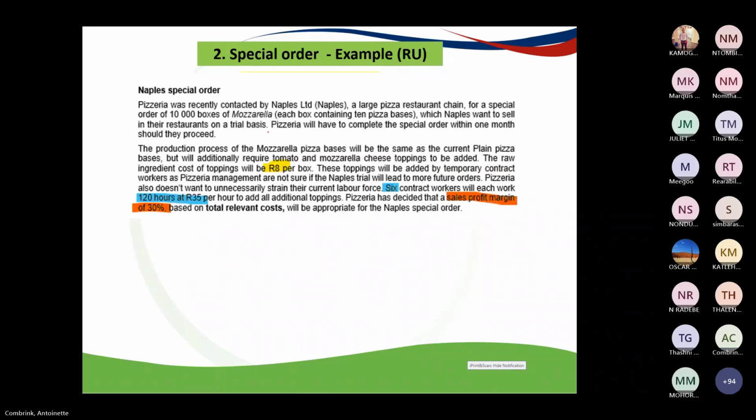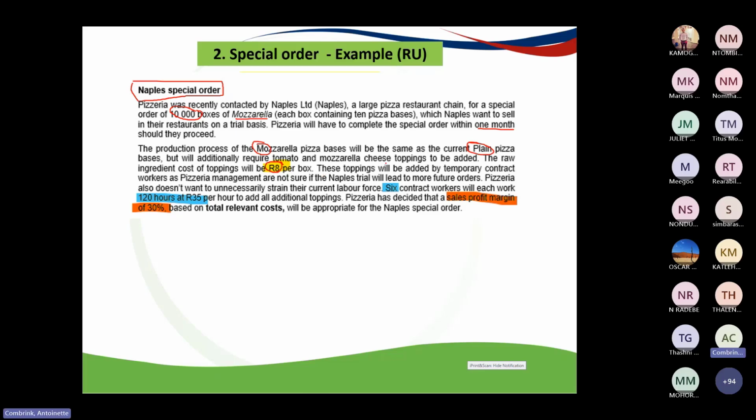Okay. So now there is more detail about the Naples special order. They want 10,000 boxes of mozzarella. They want to sell it in their restaurants, and they want it within 1 month. The production process of the mozzarella that they are requesting is the same as the one we're using for plain pizza bases, but the tomato and mozzarella is going to cost me R8 extra per box.